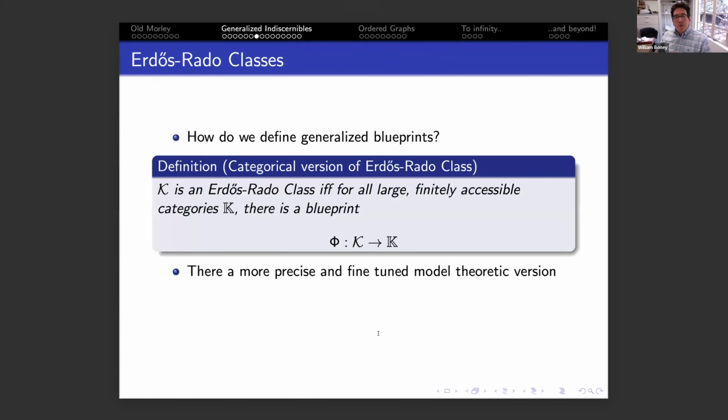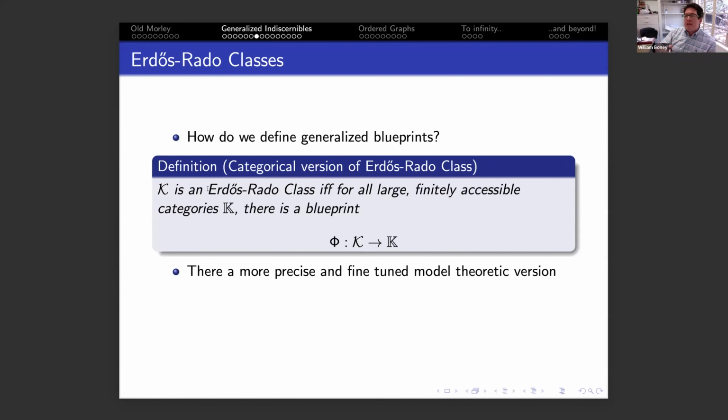Okay, so now that's how we get order indiscernibles using the Erdős-Rado theorem. And so how do we define generalized blueprints? Well, in first order logic, you use Ramsey's theorem to get order indiscernibles. And they have this whole theory of generalized indiscernibles that I'm very jealous of, that I want to mimic.